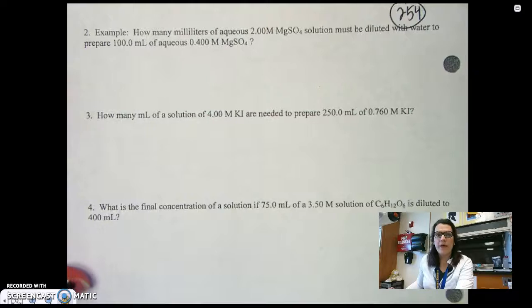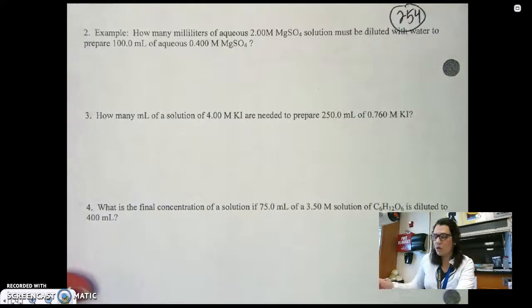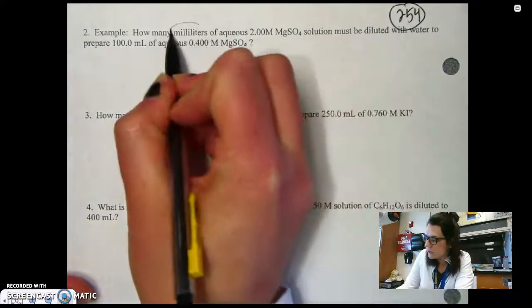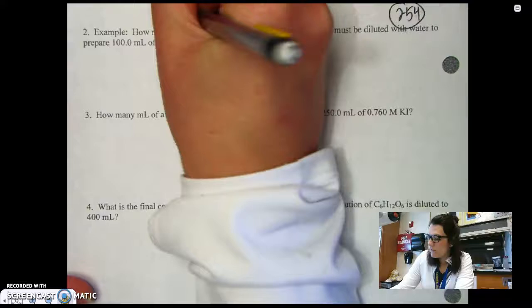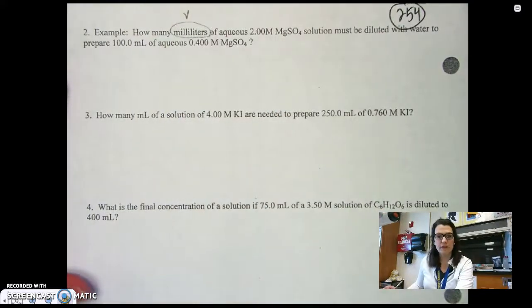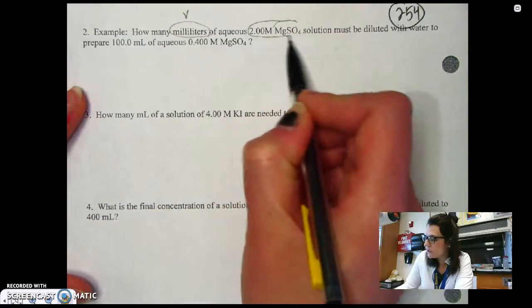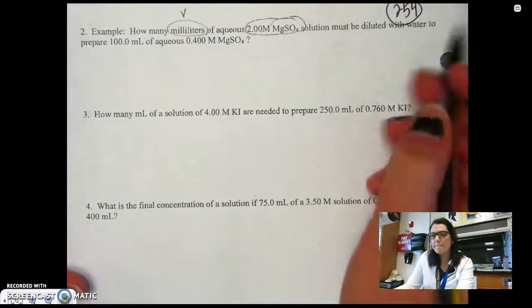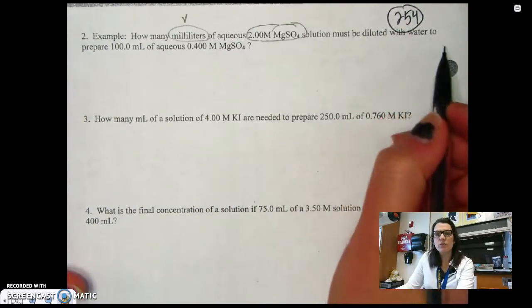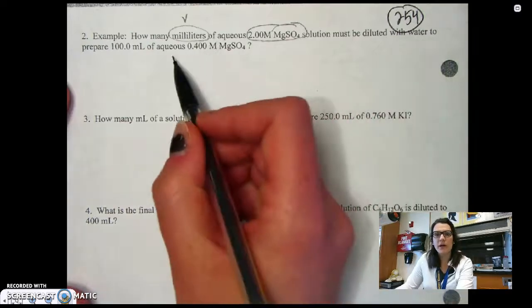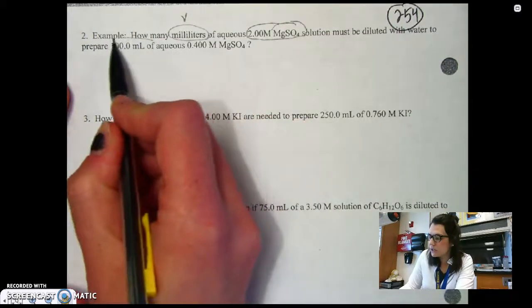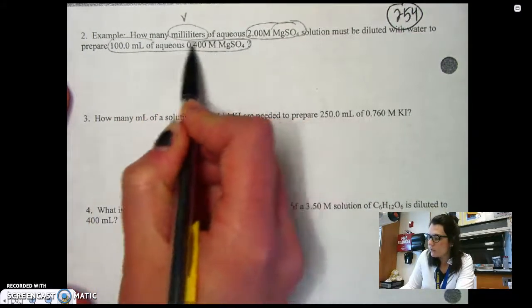So let's look here at an example. How many milliliters of aqueous 2 molar magnesium sulfate solution must be diluted with water to prepare 100 milliliters of a 0.4 molar aqueous solution?